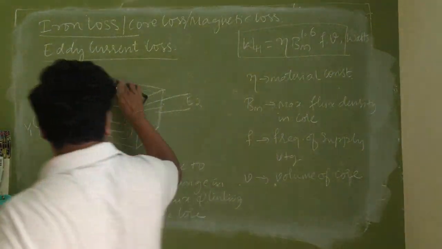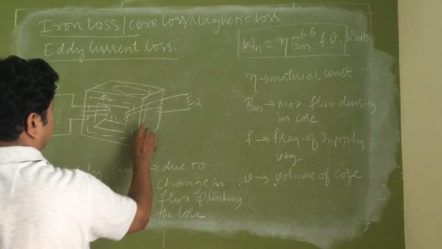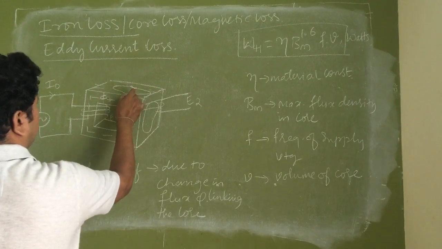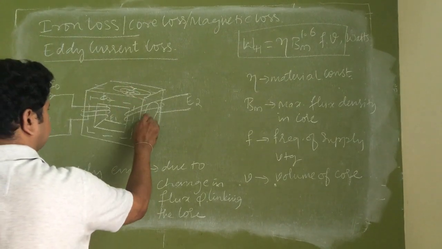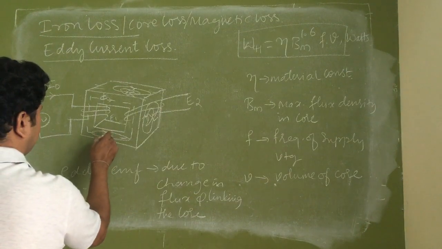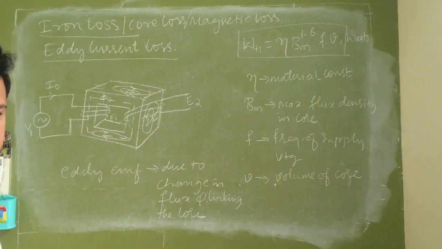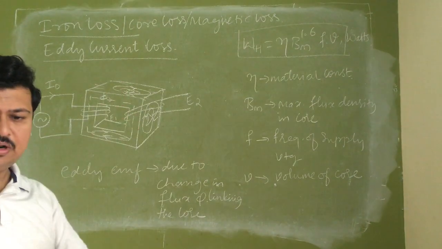Therefore, what happens? On each surface, there will be circulating currents in random directions. These circulating currents in the core are known as eddy currents.